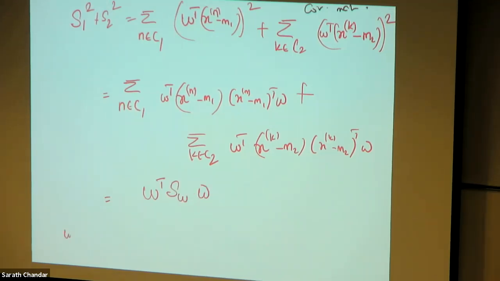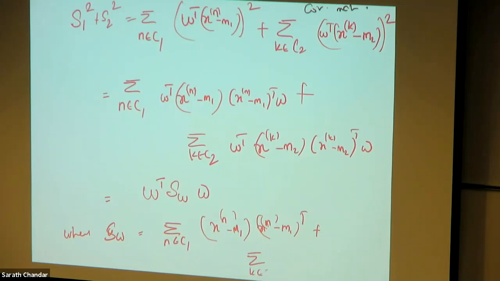Where SW is a shorthand notation for the summation over n belonging to C1 of xn minus m1, xn minus m1 transpose, plus the summation over k belonging to C2 of xk minus m2, xk minus m2 transpose.